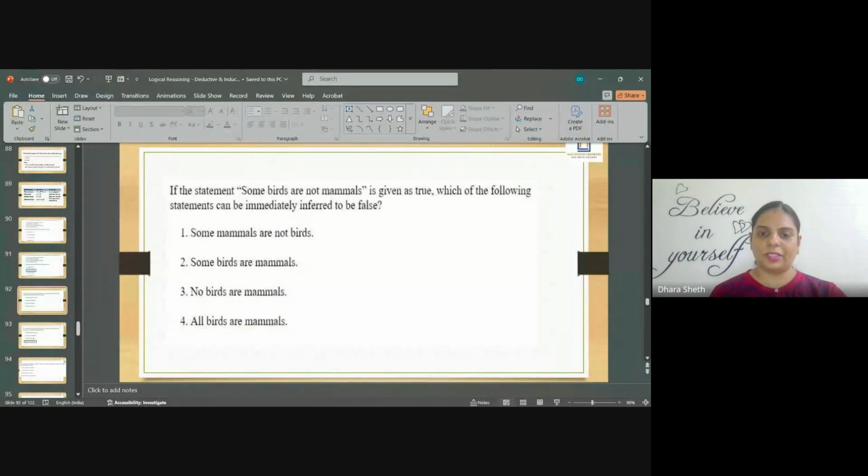If the statement, some birds are not mammals, is given as true, which of the following statements can be immediately inferred to be false?